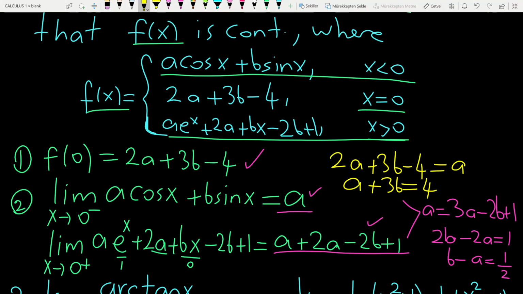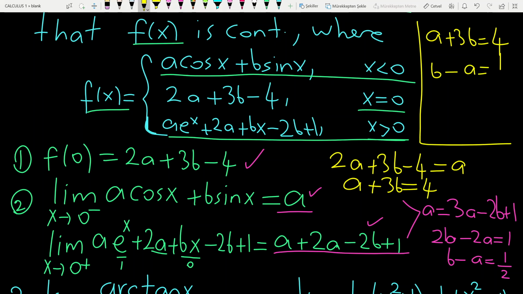So we have two equations to solve. Let me write down here. The first one is a plus 3b is equal to 4, and the second one, b minus a is equal to 1 over 2.